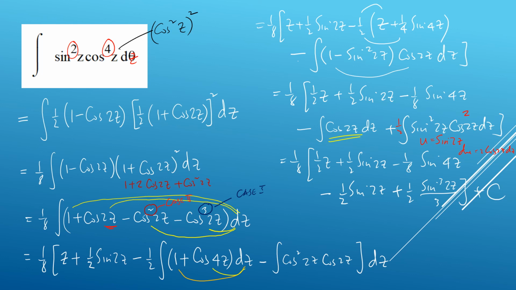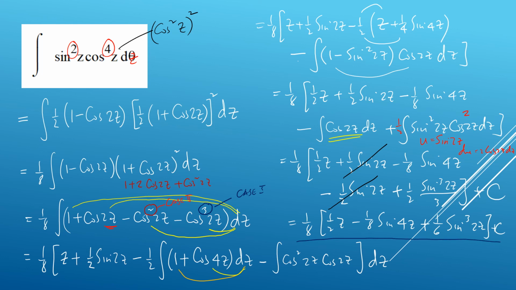And note that we can cancel 1/2 sine 2z and negative 1/2 sine 2z. Okay? So that will reduce to 1/8, 1/2 z minus 1/8 of sine 4z plus 1/2 times 1/3 is 1 over 6 sine cube 2z plus c. That is our final answer.